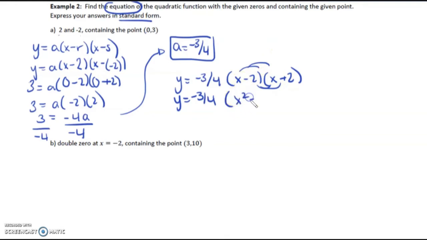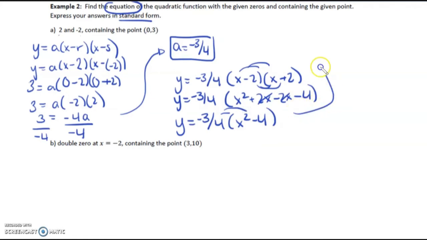We get x squared plus 2x minus 2x minus 4. Those two middle terms go away. We're left with y equals negative 3 over 4, x squared minus 4, and now we can expand it. So our equation is y equals negative 3 over 4 x squared plus 3.